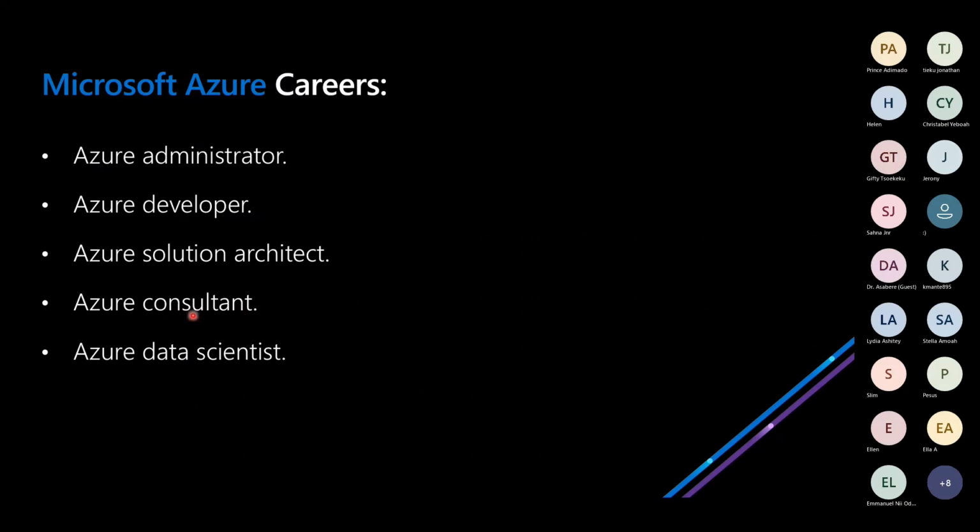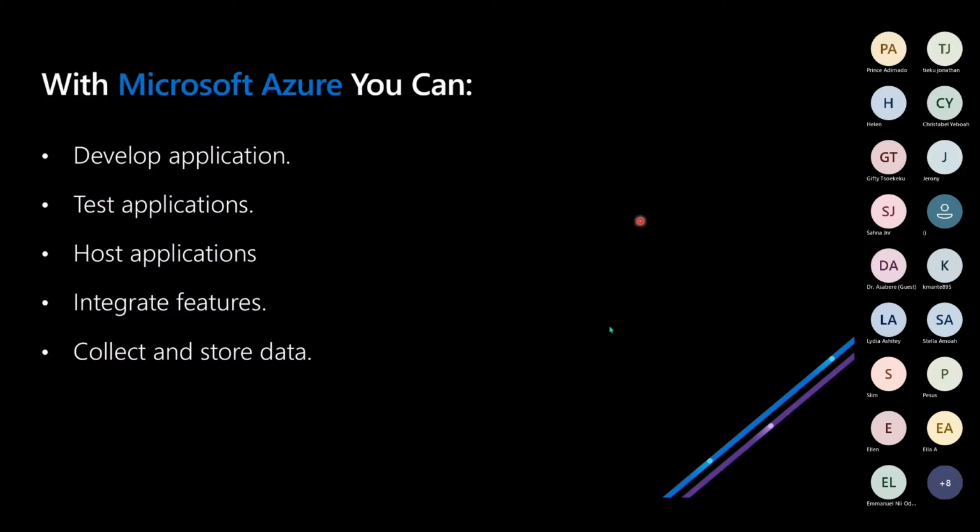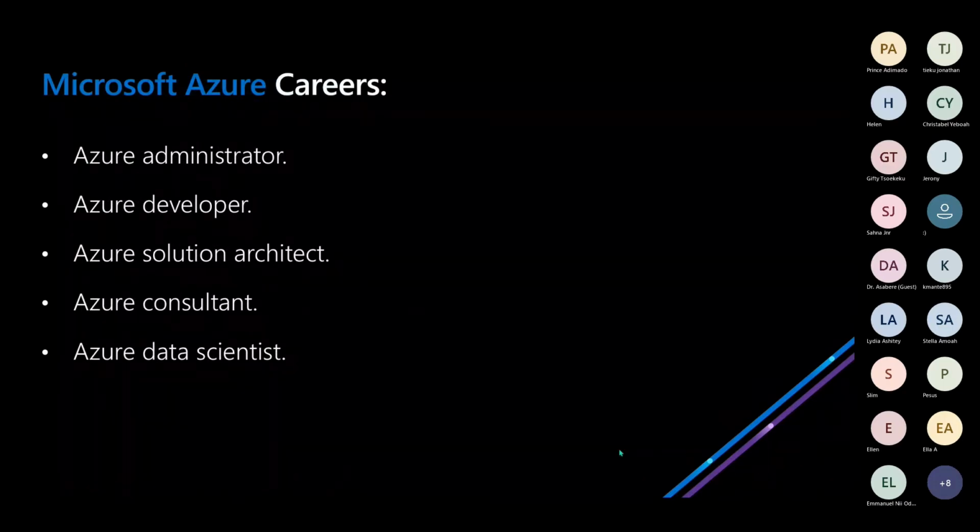You can become an Azure consultant, where you help companies develop solutions for Microsoft Azure cloud services, or you can become an Azure data scientist, where you have the expertise of implementing machine learning to create and optimize applications for use.